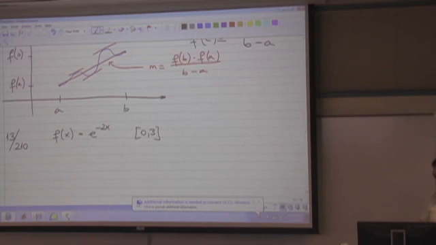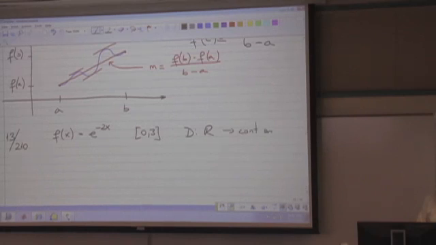So what should we do first? It is continuous. The domain of f is all real numbers. Your function is an exponential function, which means it's a continuous function, right? So it'll be continuous on 0 to 3. f prime of x is negative 2 e to the minus 2x, which is again continuous.